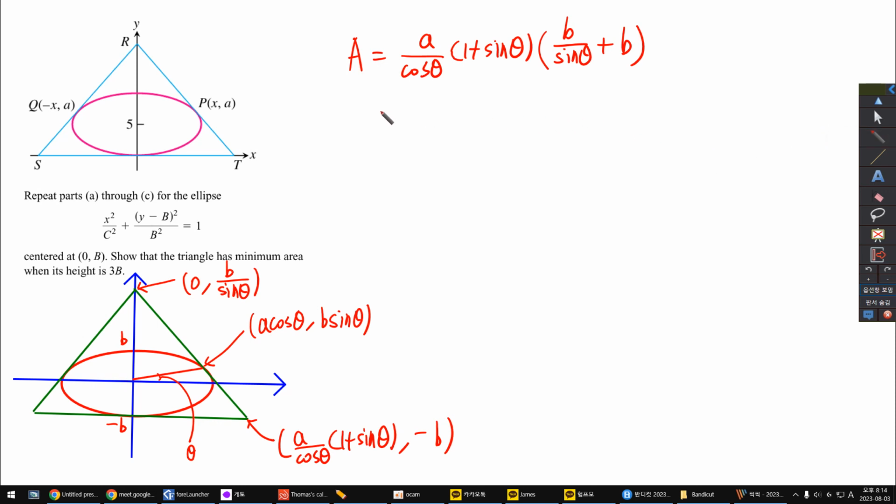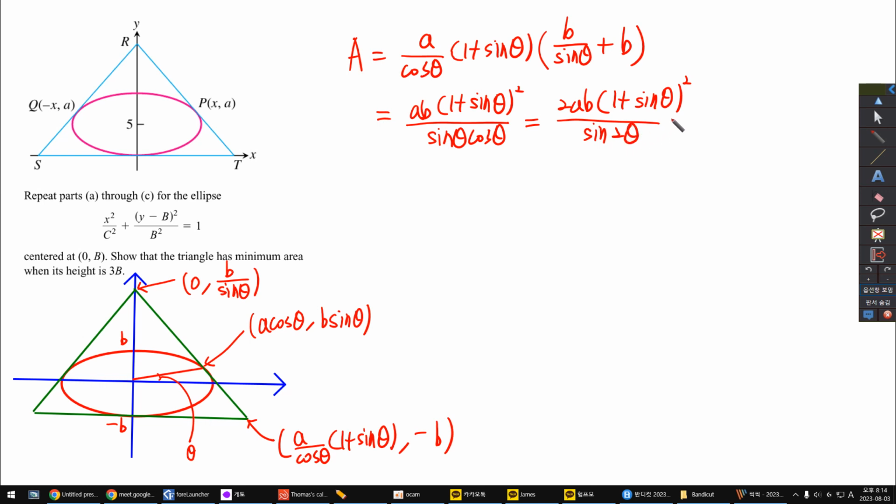That means, and using the double angle formula, sine times cosine is half of sine of 2 theta. And to find the minimum value, we are going to differentiate this expression.